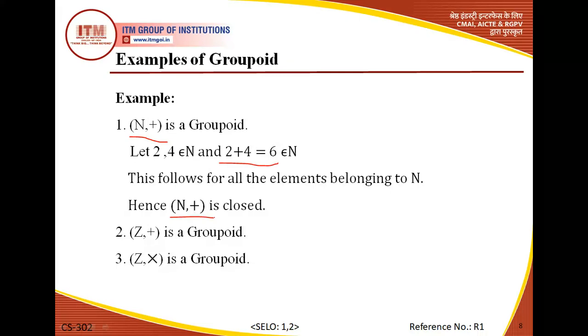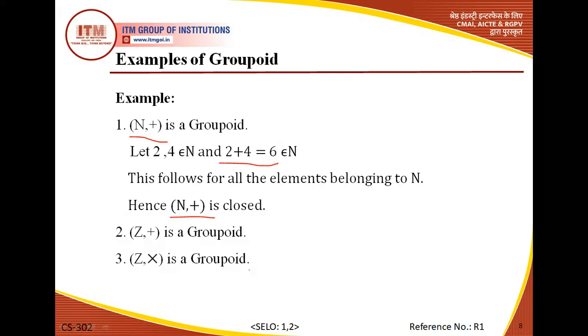Now let's see if (Z, +) is a groupoid or not. Take any two elements of Z and add them. It would fall into the set Z only, the set of integers. Hence, it is a groupoid also. So this you can obviously see.